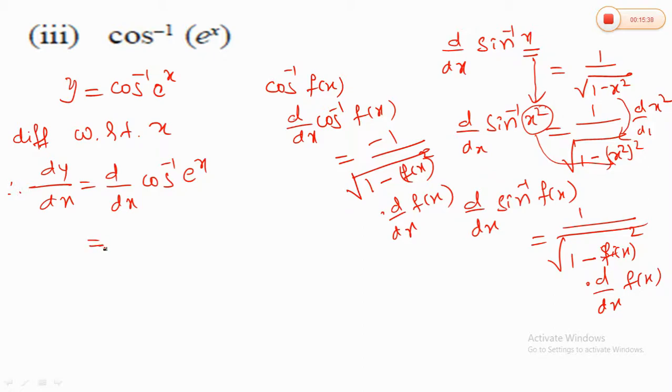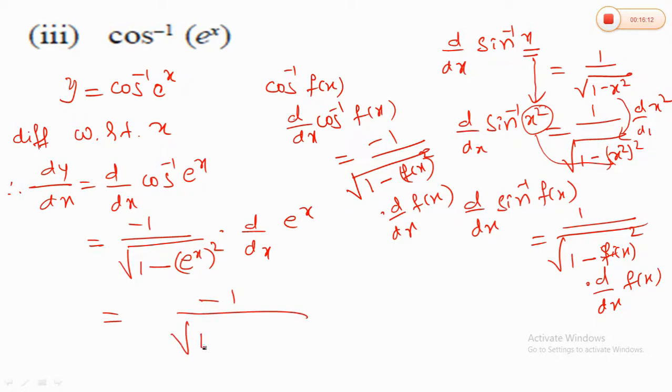So first differentiate cos inverse: minus 1 upon root of 1 minus f(x) square, where f(x) is e raised to x, into d/dx of e raised to x. The derivative of e raised to x is e raised to x. This is minus 1 upon root of 1 minus e raised to x square.